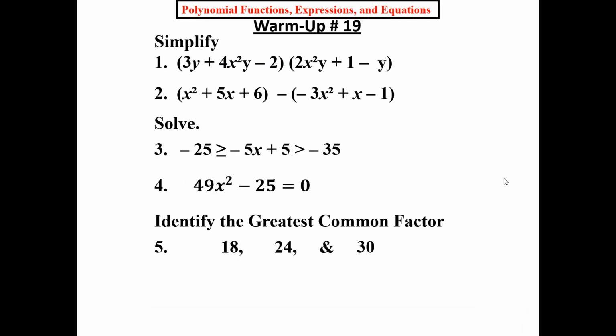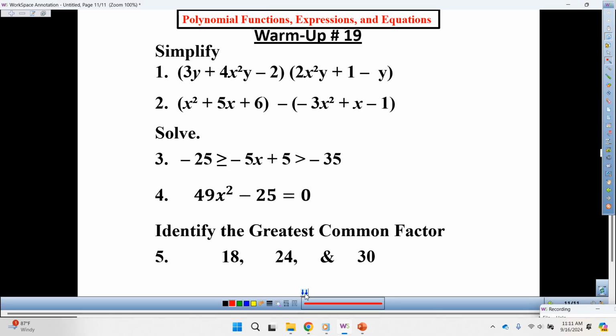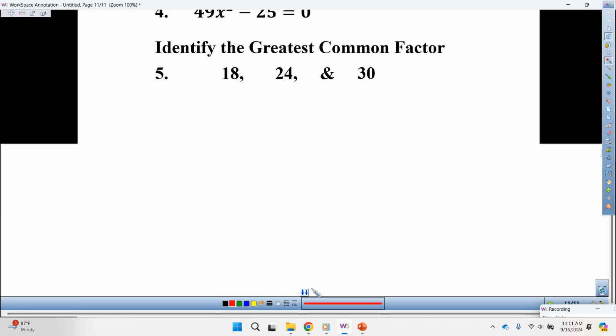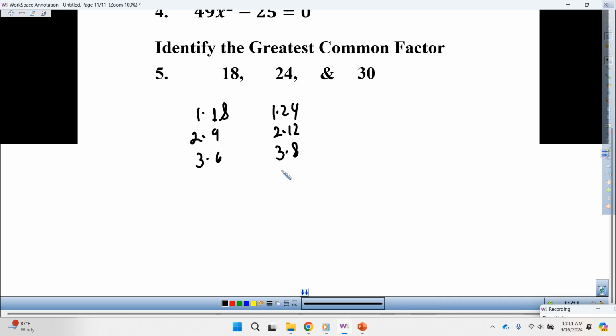Last one. Greatest common factor of 18, 24, and 30. Tell your neighbor what would be the greatest common factor for 18, 24, and 30. Let's see. 1 times 18, 2 times 9, 3 times 6. Then they repeat. 1 times 24, 2 times 12, 3 times 8, 4 times 6.